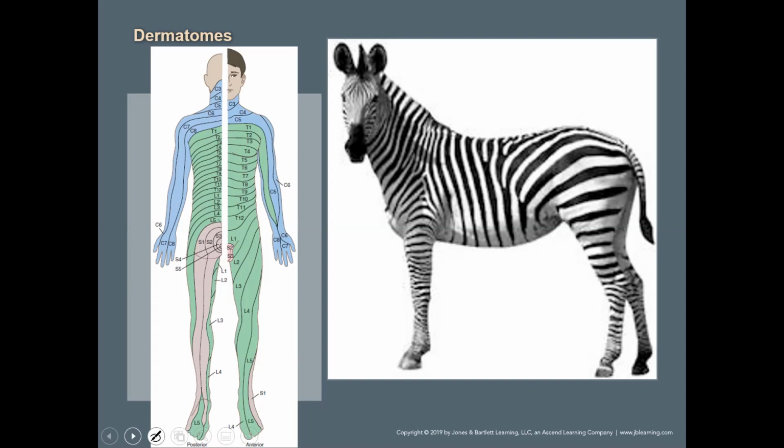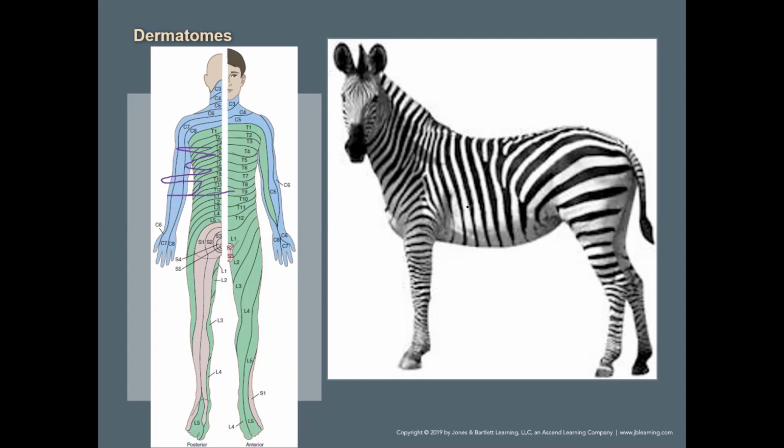So luckily for us, our sensory neurons don't grow randomly around the body all willy-nilly. Instead, they're arranged in a striped pattern, which looks very much like the stripes of a zebra. The striping pattern is known as dermatomal pattern. So that's how we get dermatome, because each stripe, and you can see here, these are all dermatomes.